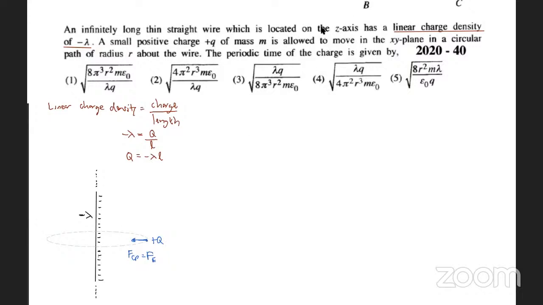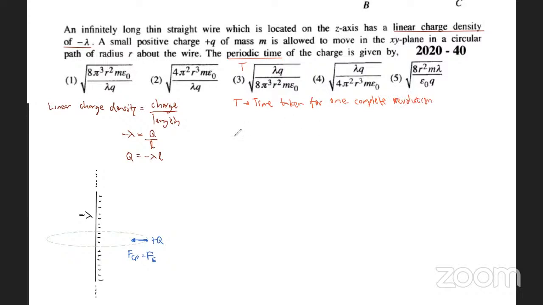Periodic time. What is a periodic time, people? Periodic time means the time taken for one complete revolution. What is the equation for capital T? The equation for capital T is simple.